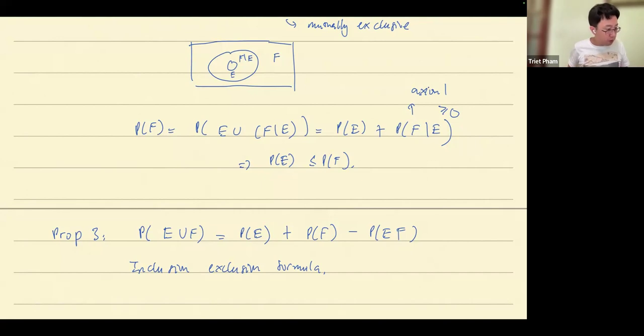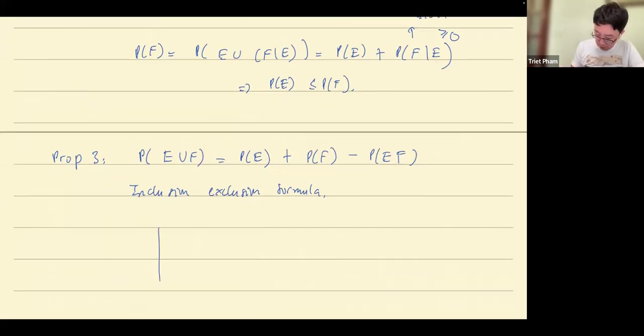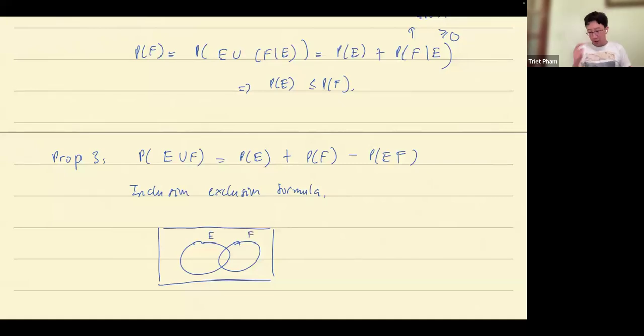Well, we prove something like this by, you know, the Venn diagram, for example, right? And so you have EF here, right? So you can do something like this.